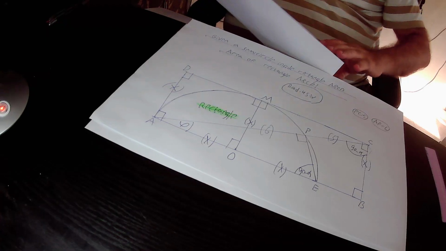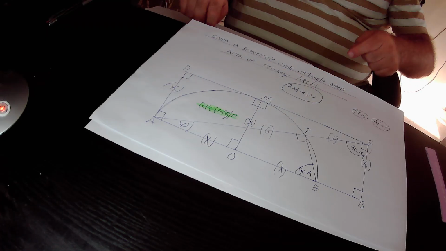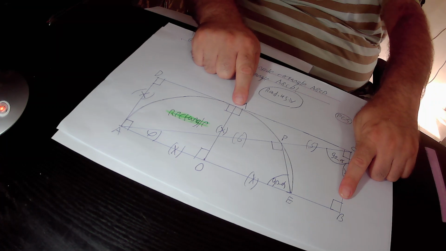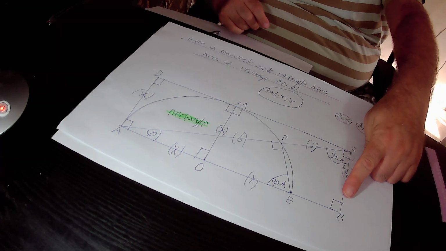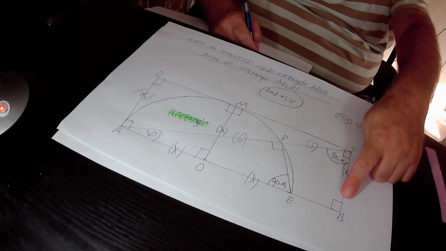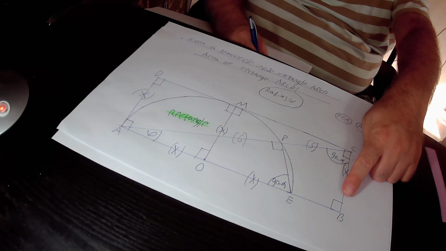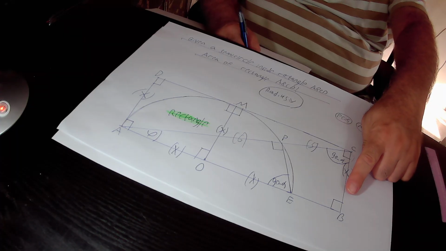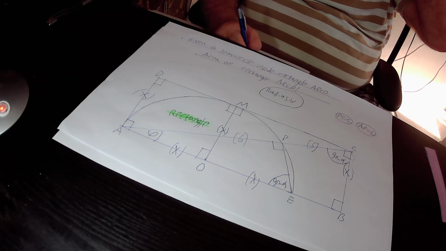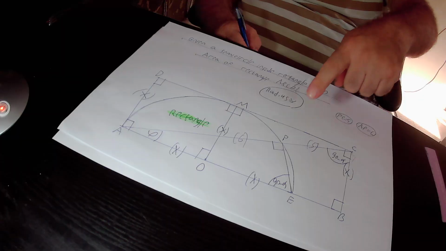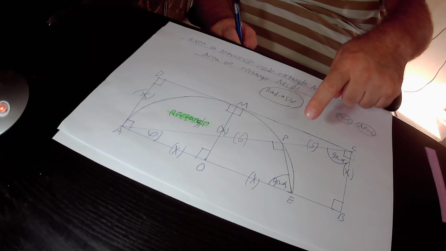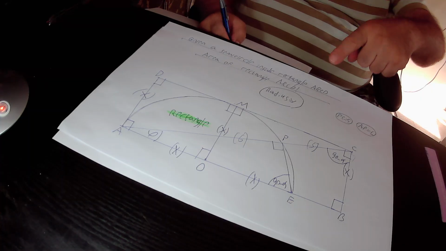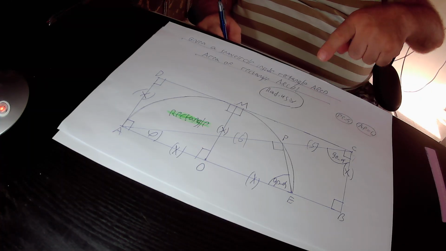In addition, those two angles, they are both equal to 90 degrees, and therefore they are equal to each other. So actually, this is angle ABC in the right big triangle ABC, and it is equal to this angle, that is actually angle EPA, in the right small triangle APE.